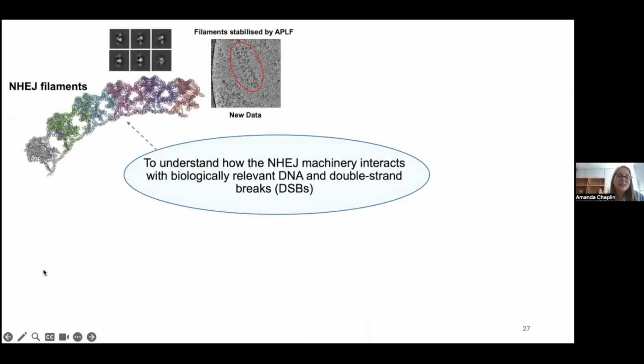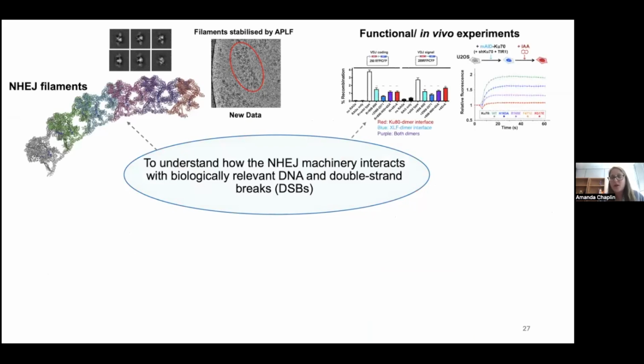The second thing is to understand on a biological context how these are accessing double-strand breaks. So we see in our cryo-EM data these filaments of DNA-PK, but do they actually exist inside the cell? And we've started to see that certain proteins can actually stabilize this filament. So is it important for multiple double-strand breaks? We also, with collaborators, do functional in vivo experiments. So we look at our structures and we disrupt these interfaces and have a look at how that affects recruitment to DNA damage sites, DNA repair, and those kind of experiments.